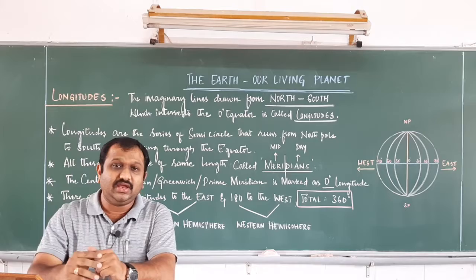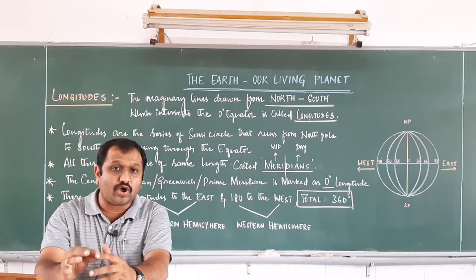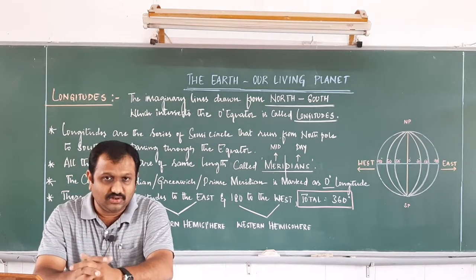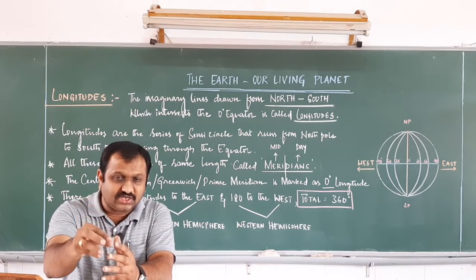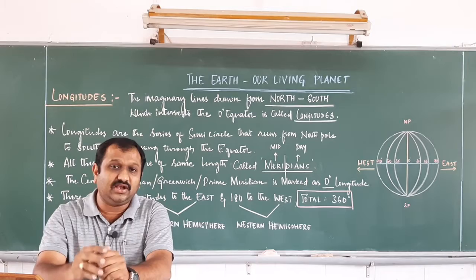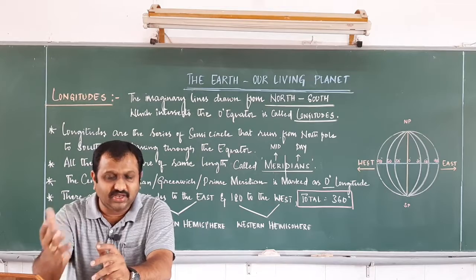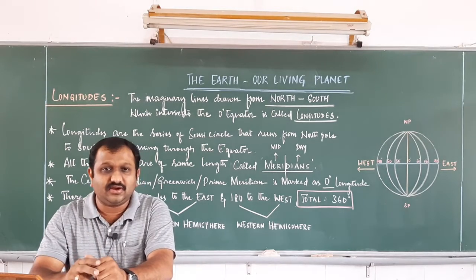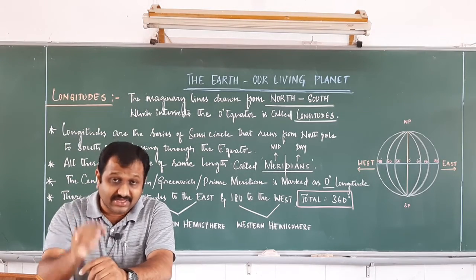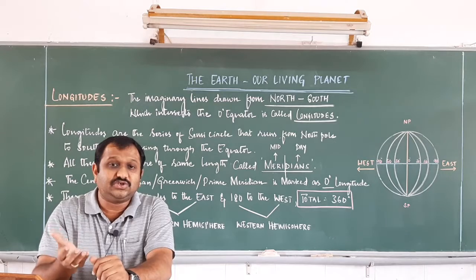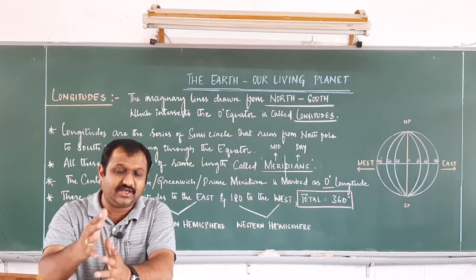They all assembled in a place called the Old Royal Observatory, a discussion hall. They came from different corners of the world and discussed latitudes and longitudes, standard time, local time, as well as the international date line. So they all came and met in that place.